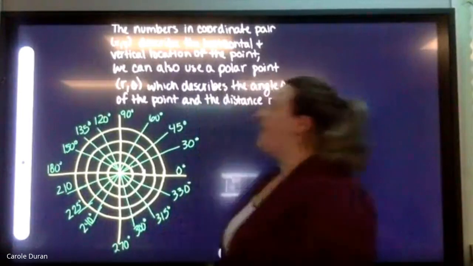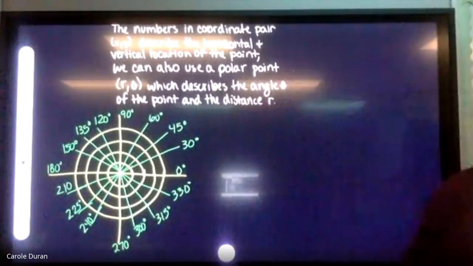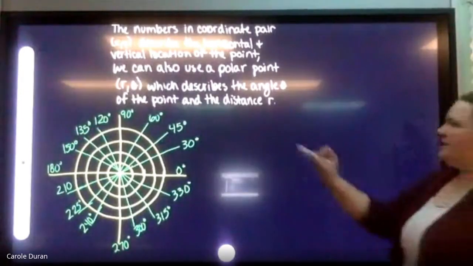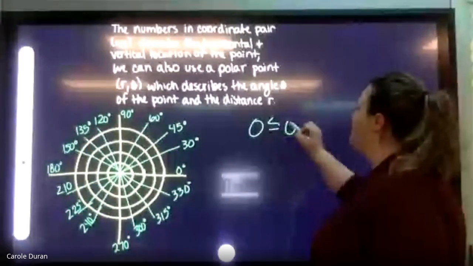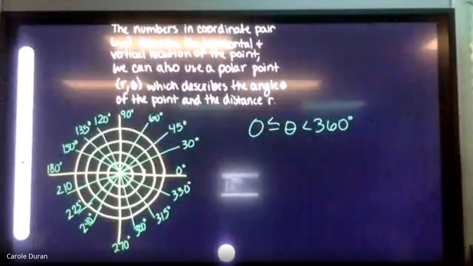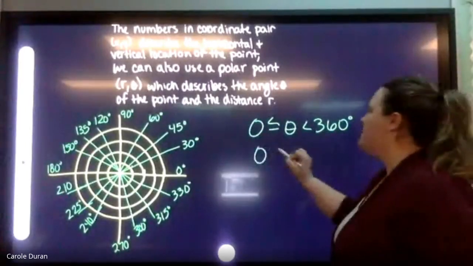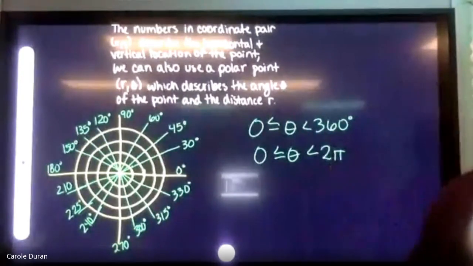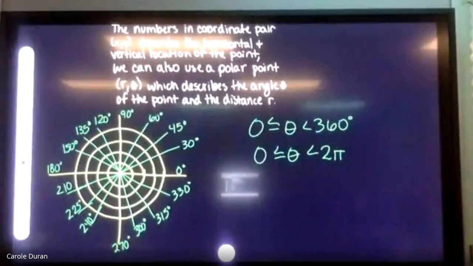And then when we get back to 360, we don't call it 360, we call it 0. So all of the angles on here exist between 0 and 360 degrees, but not including 360. If we were thinking about these in radians, it's the same as saying that all angles exist between 0 and 2 pi.